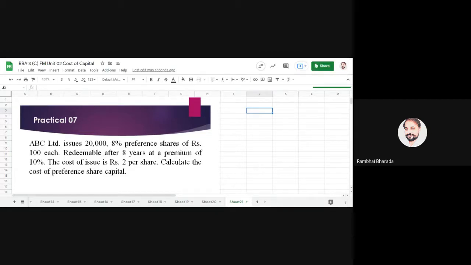So here Kp is equal to DP plus, in bracket, P, I write RV, redeemable value, or P minus NP, bracket over, upon N, entirely divided by RV plus NP upon 2.